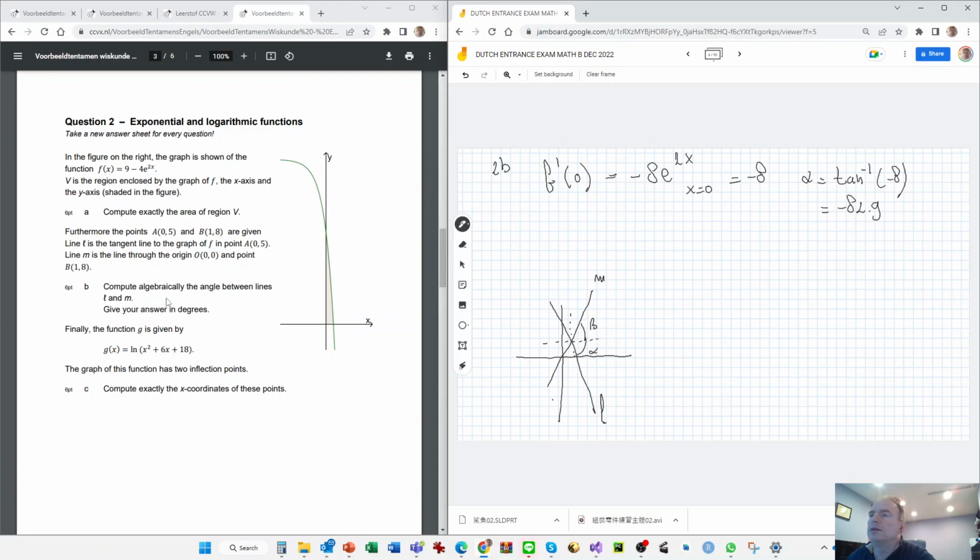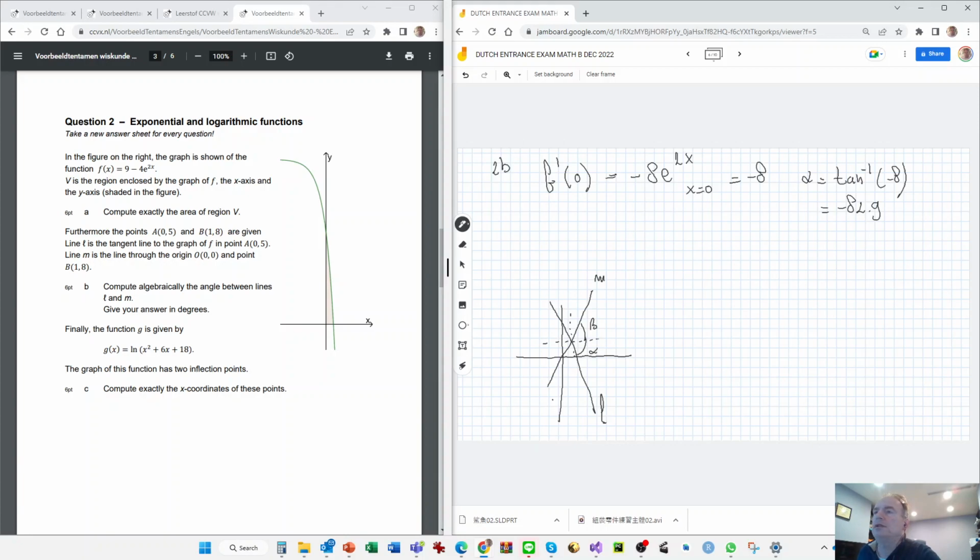Algebraically, if you answer in degrees, well, this can only be approximated, so it's not really clear how accurate it has to be. So just leave it at that.